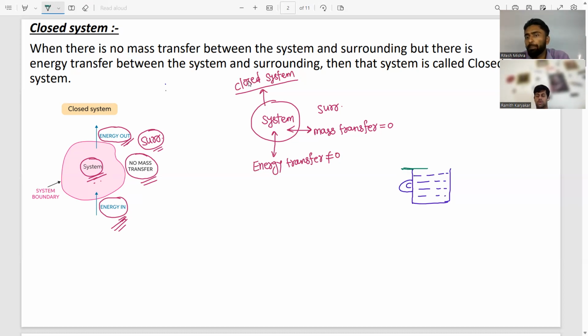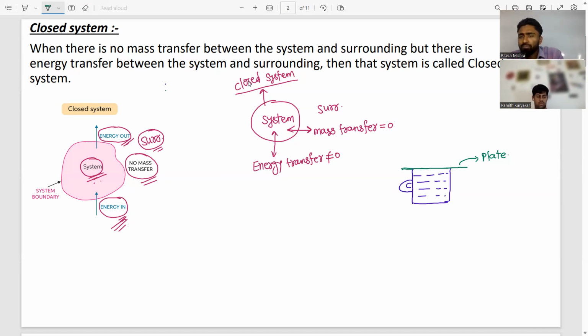This is any plate or something else. So what will occur here? What happens? When you do this in your room, in your home, you find that the tea gets cold after some time. Why does this tea get cold?